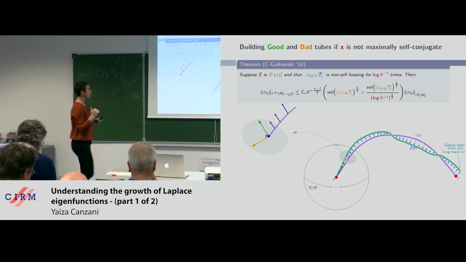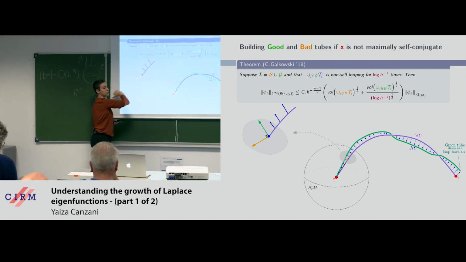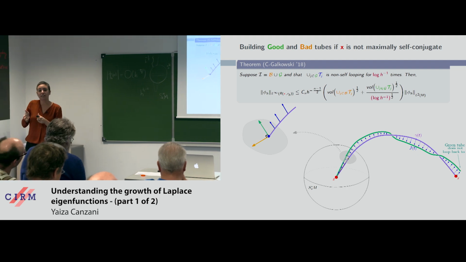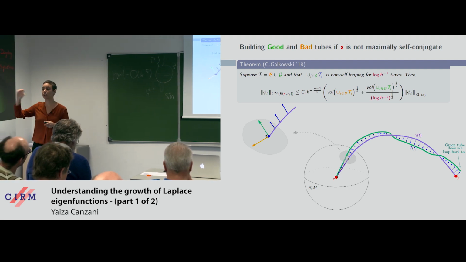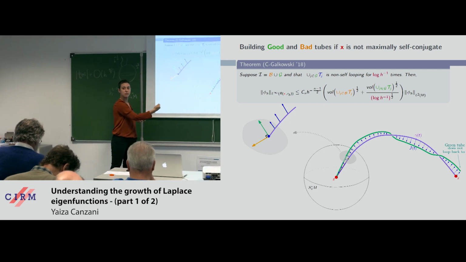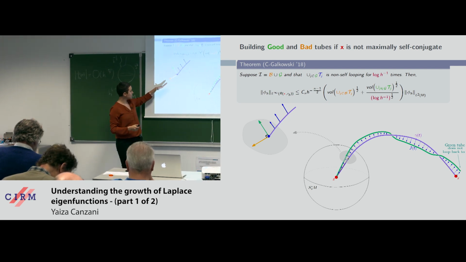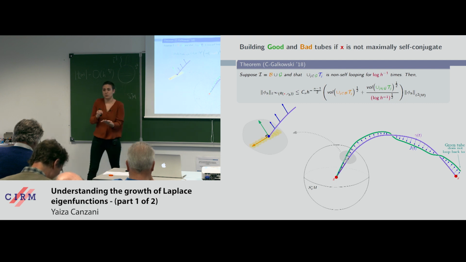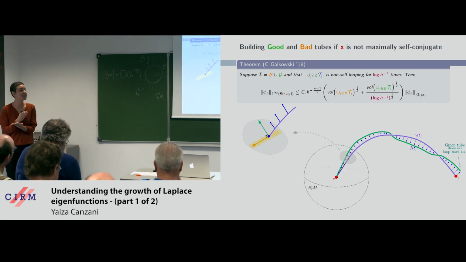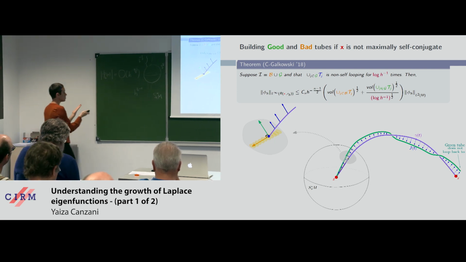At most, there is a single direction, the orange one, perpendicular to the original one, where if I start in that direction, my geodesics may close when I come all the way back to x. But this is a closed condition, I only have one direction in which things may close. So I just cover that direction with what I'm going to call bad tubes. These are going to be small in number because it has codimension 1.